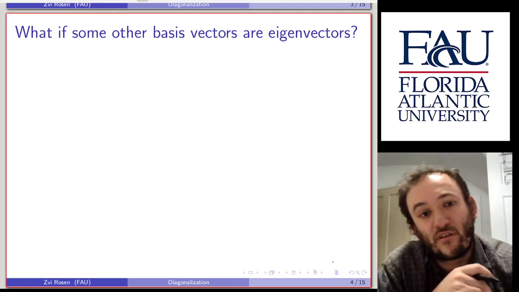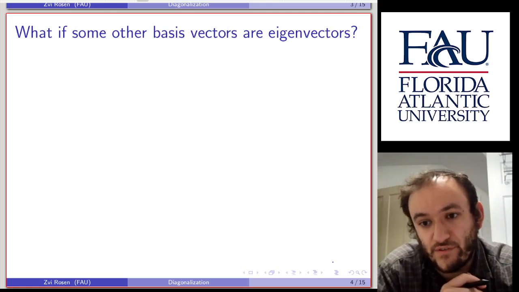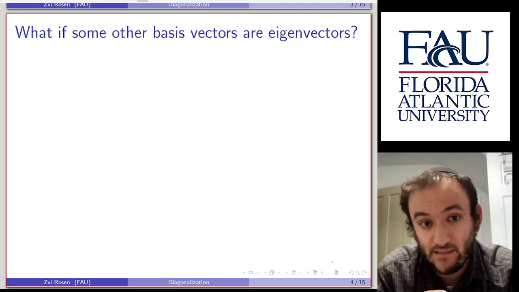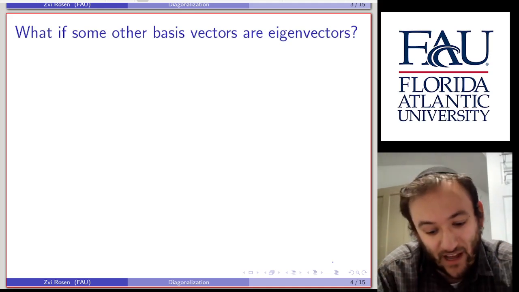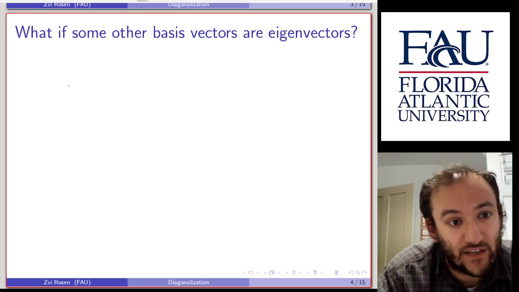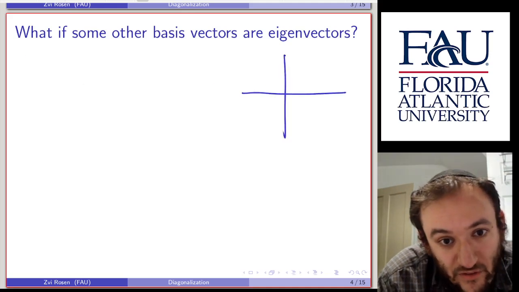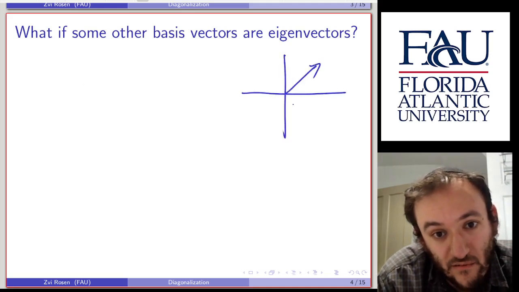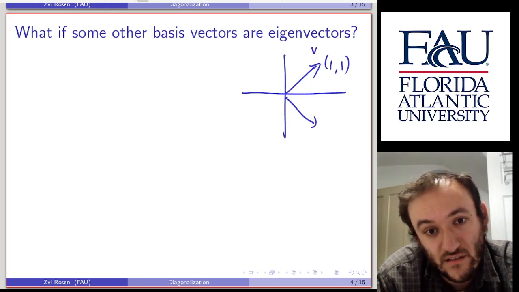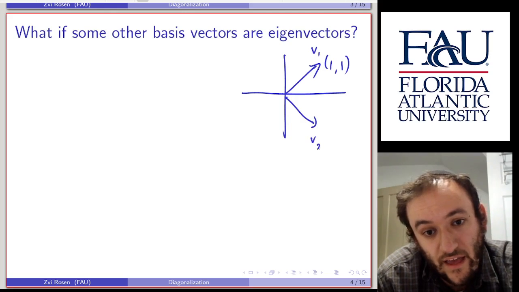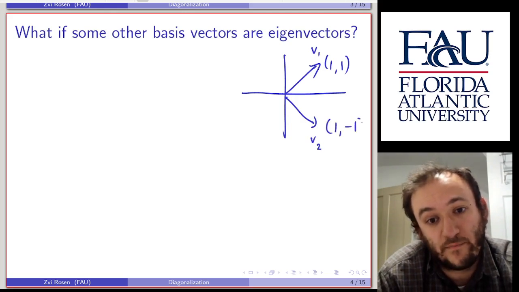But what if some other basis vectors are eigenvectors? So let's say we have a basis of eigenvectors, but they're not just the standard basis vectors. So for instance, let's do an example where we have R2, and we're going to take 1, 1 to be one eigenvector, and let's call this V1, and V2 will be 1, minus 1.